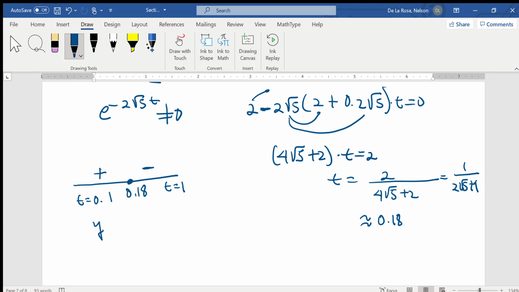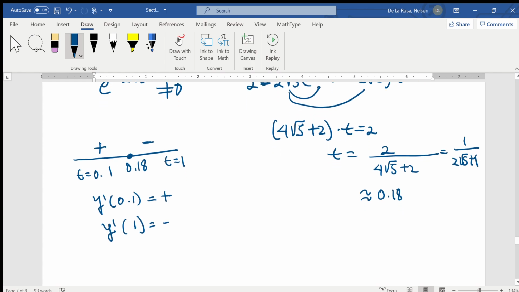So y prime at 0.1 is going to produce a positive number. y prime at 1 is going to produce a negative number. So that is why we have, in fact, a maximum. So at t equal to 0.18, a maximum occurs.